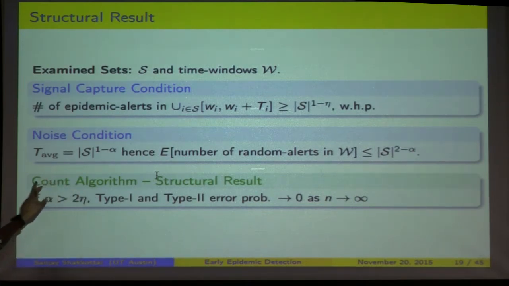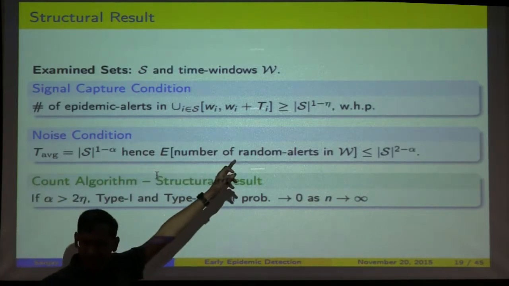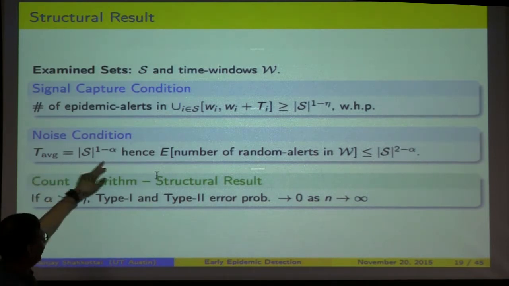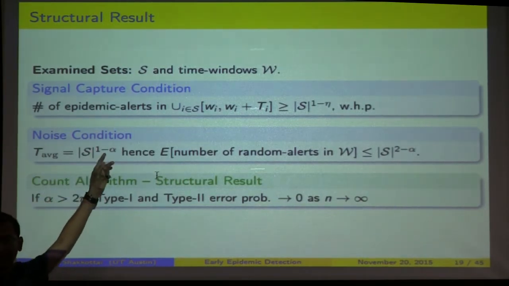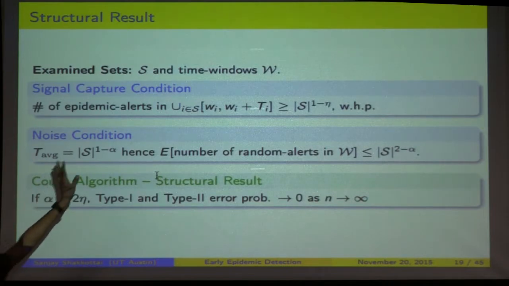The noise condition is that your average window size, the Ti's, scales as S to the 1 minus alpha. For example, in the spoke network, alpha is half.